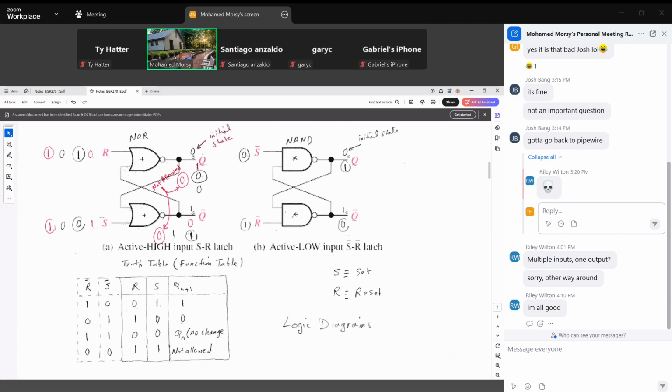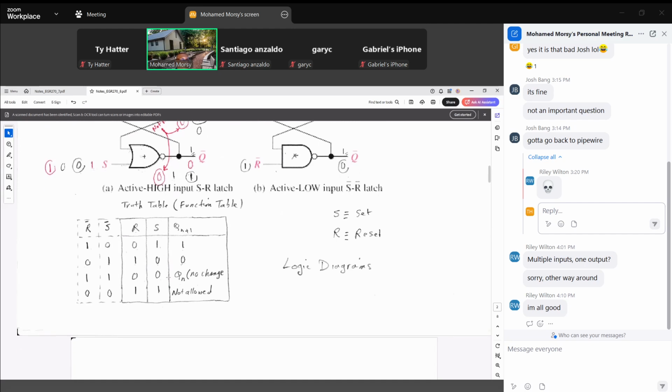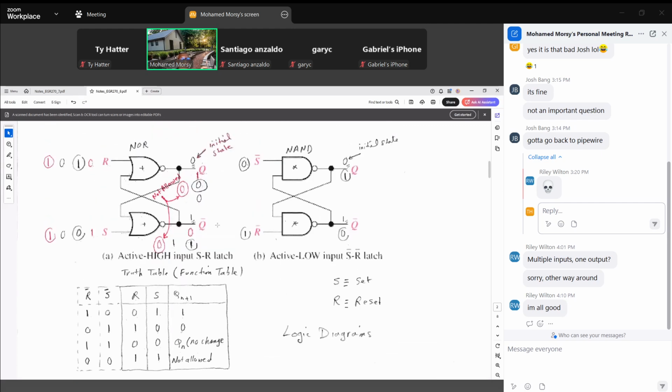We will see how this happens in the logic diagram. So even if you don't have the truth table, you can remember it this way: S is 1, R is 0 means set the output to 1. R is 1 and S is 0 means reset the output to 0. 0, 0 means no change. 1, 1 is not allowed.